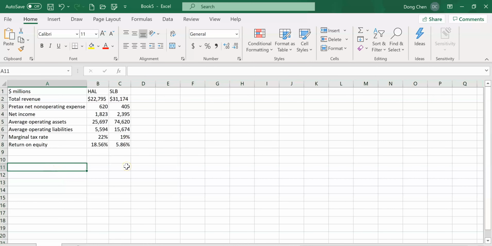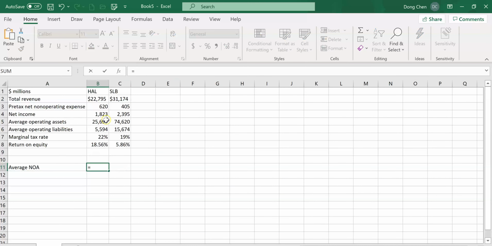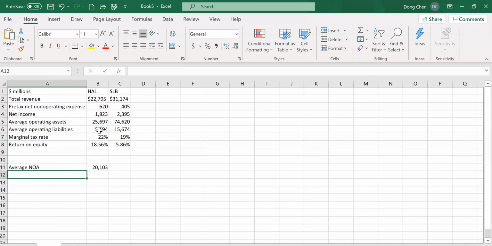And as I said, first, what we can calculate is the average net operating assets, which is basically the average operating assets minus the average operating liabilities. So this is available very easily. And what's not available is the NOPAT, the net operating profit after tax.